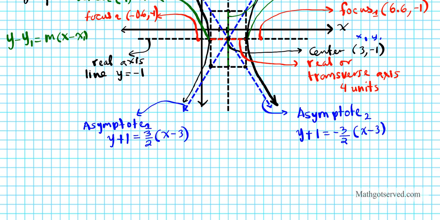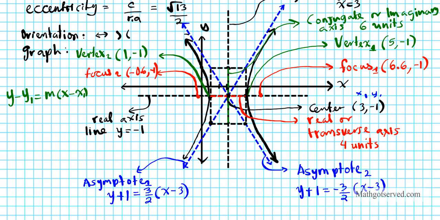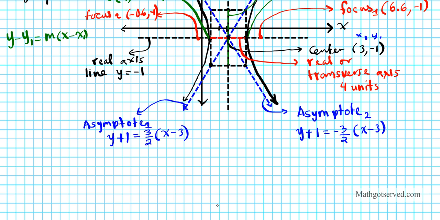Now that we have our asymptotes, that's basically all the labeling that we have to do, so we just have to state the meaning of our result, using the definition of a hyperbola.